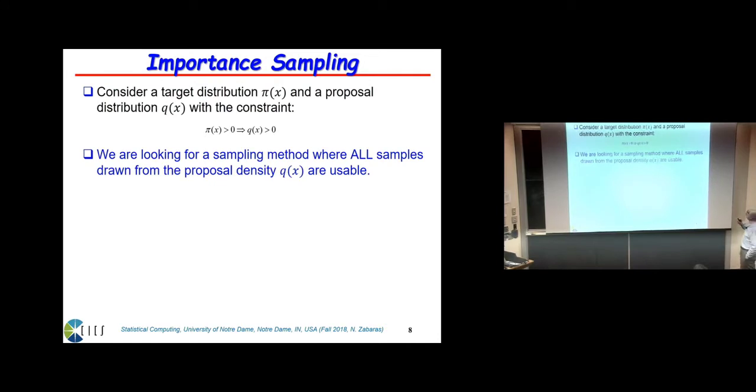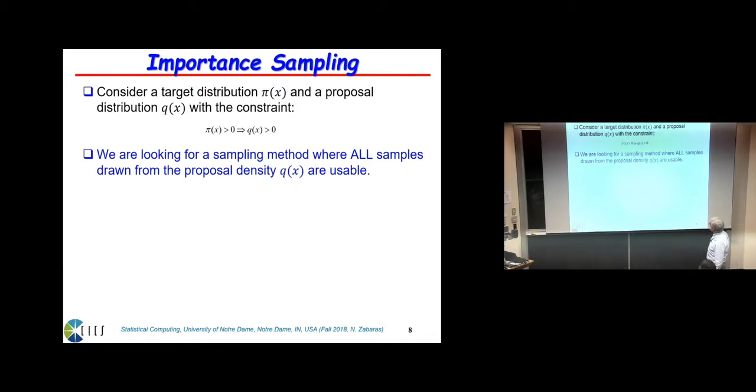So we're going to keep from the accept-reject methods this idea that sampling from the distribution pi is complicated, it's expensive, cannot do it, so we're going to sample from a proposal distribution. So that idea, we're going to keep it. But we're going to try to do something different from accept-reject methods.